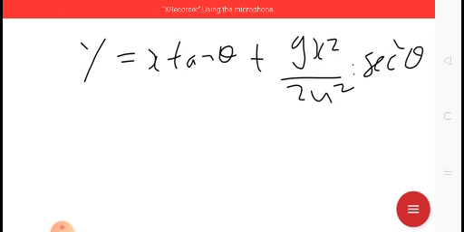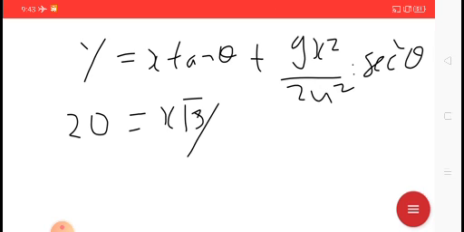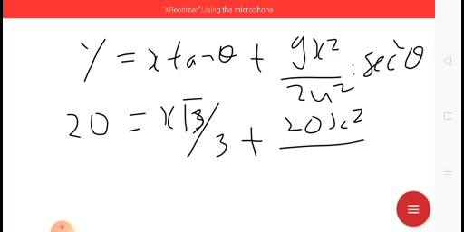So you sub all the values inside. You know that the height is 20 meters, and you have x times square root 3 over 3, tan 30, plus 20x squared over 3u squared. For the sec squared theta, you can change directly because you have theta already.